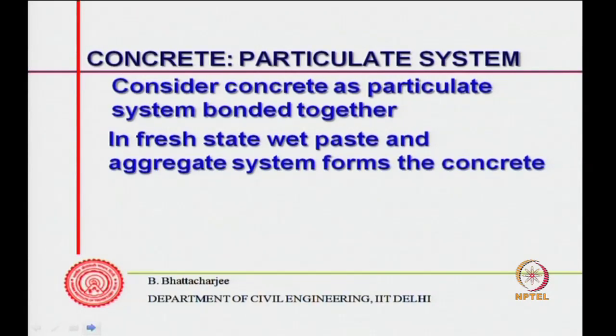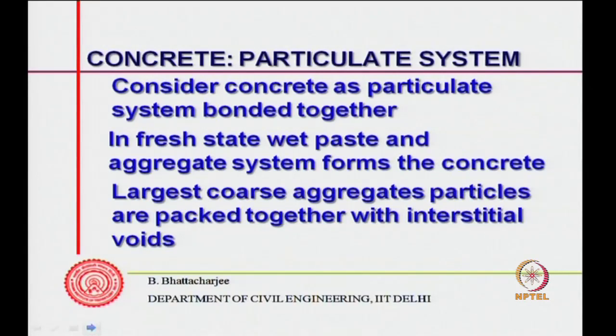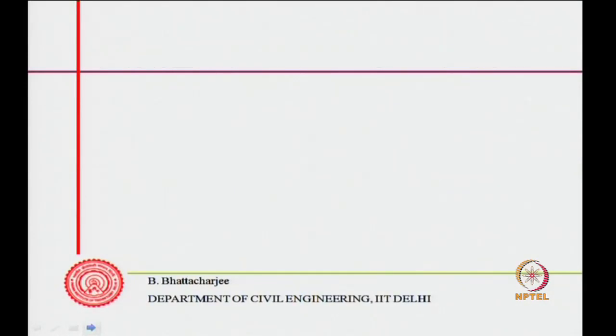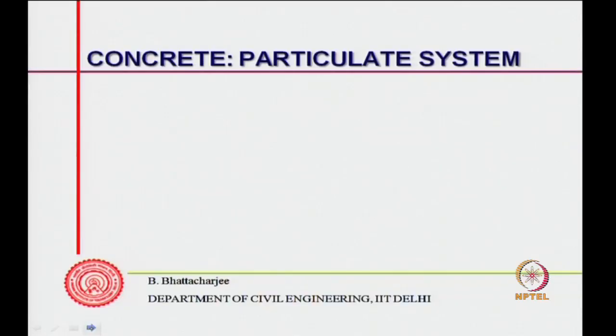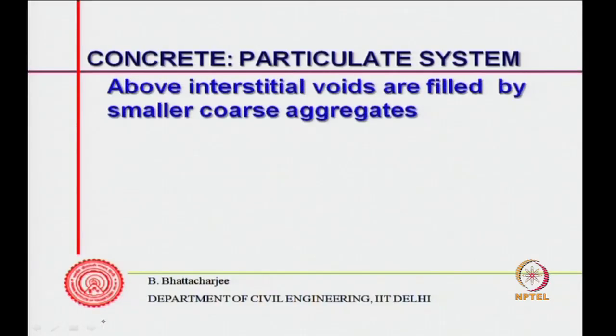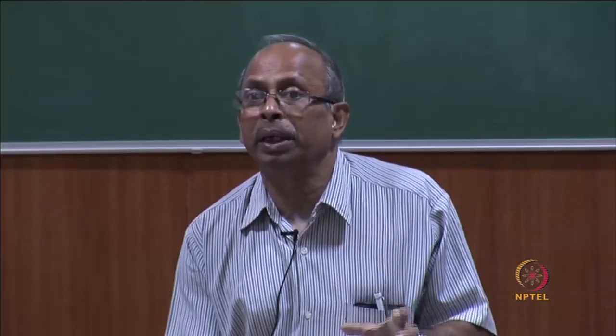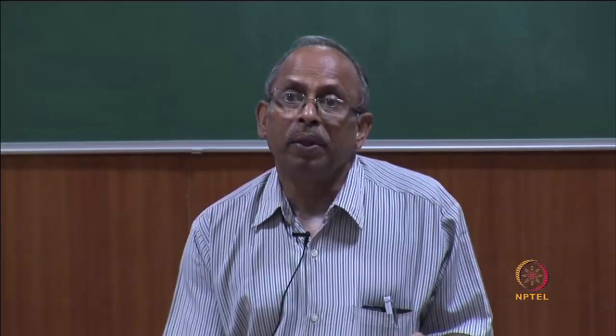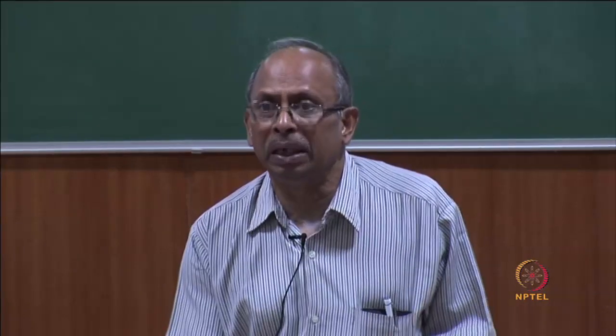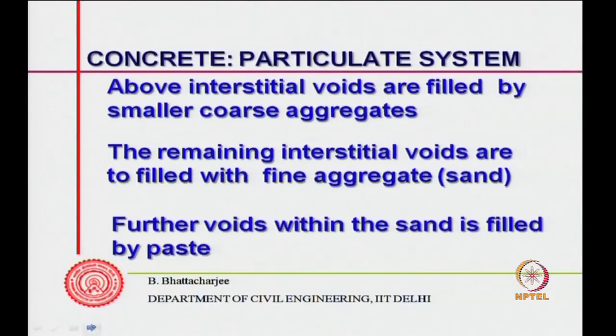The largest coarse aggregate particles are packed together with interstitial voids, and these interstitial voids are filled with smaller coarse aggregate, and the remaining interstitial voids between the larger coarse aggregate particles are filled with fine aggregate. Quite often they could be natural sand or crushed stone, etc., as we have discussed earlier.